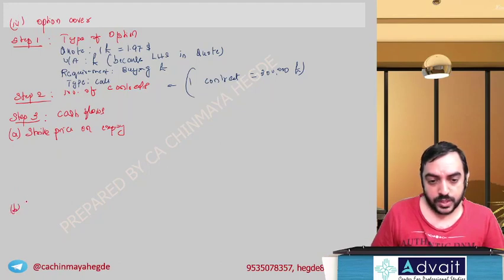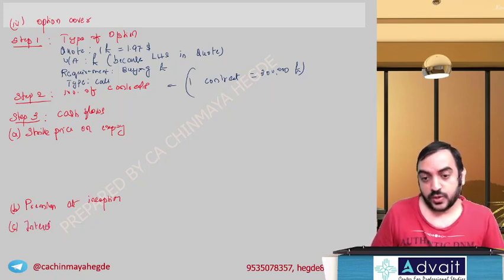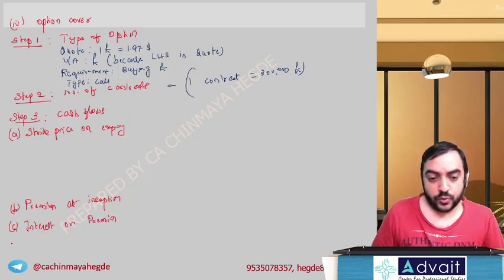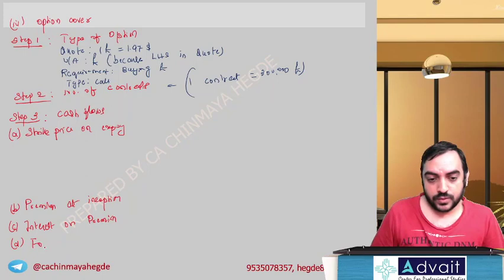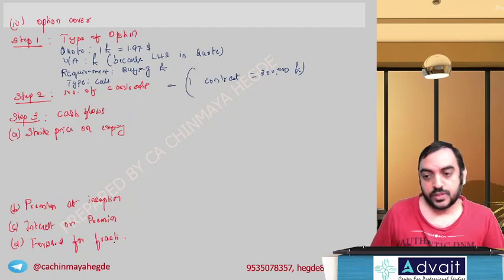Then we can do premium today, premium at inception. Interest on premium is discretionary; mostly the institute has not taken interest on premium. And forward contract for fraction will not come here because the number of contracts is one only.